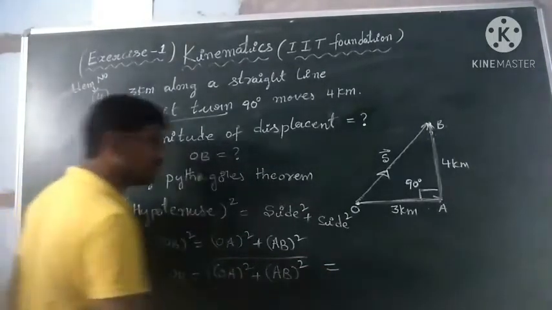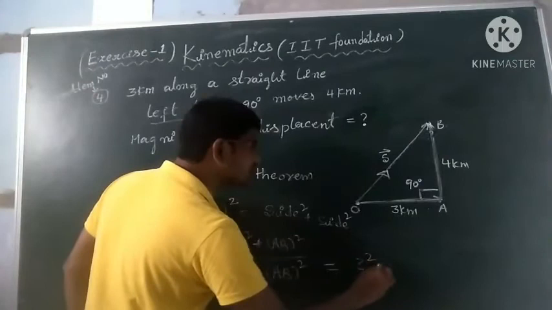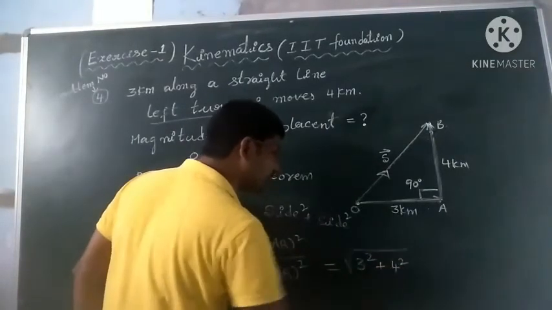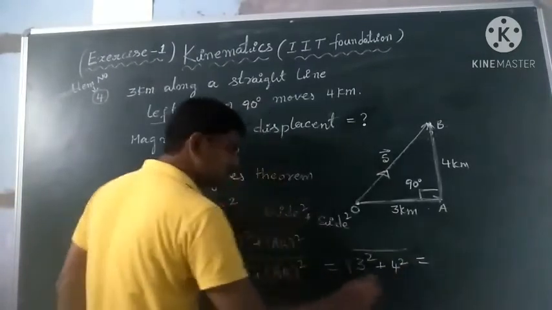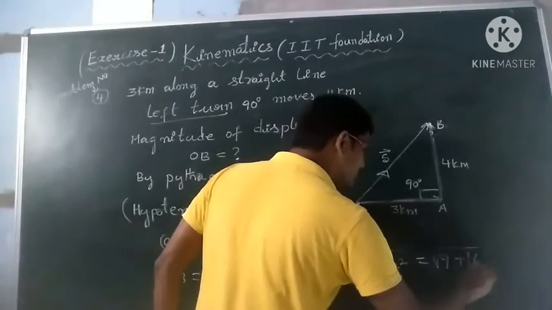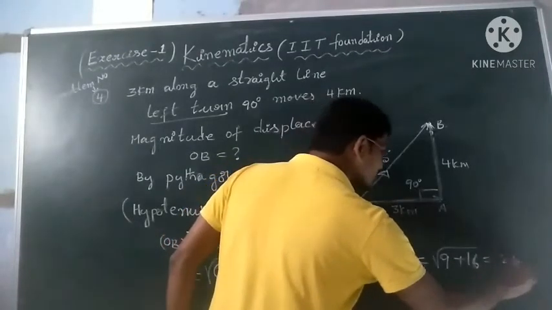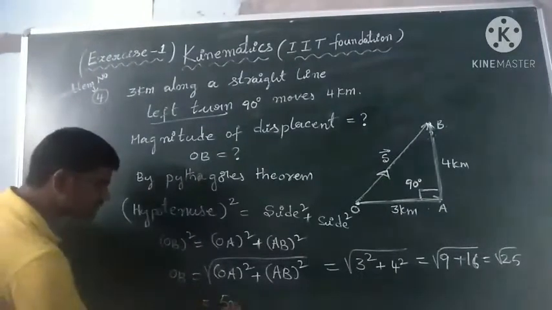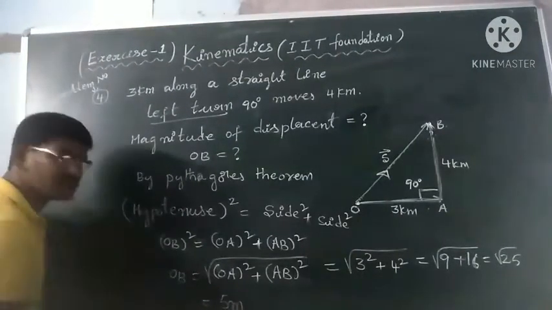So OA means 3 square and AB means 4 square, under root. 3 square we know is 9, 4 square is 16, so this is 25. Root 25 means 5 is the answer for this question.